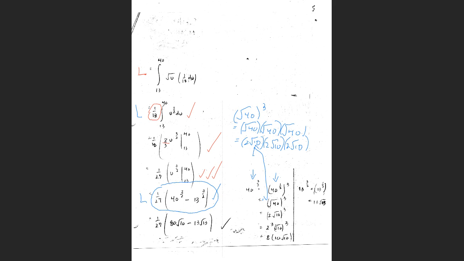And so that's going to get you 2 root 10 to the 3rd power, which is just 2 cubed times root 10 cubed.